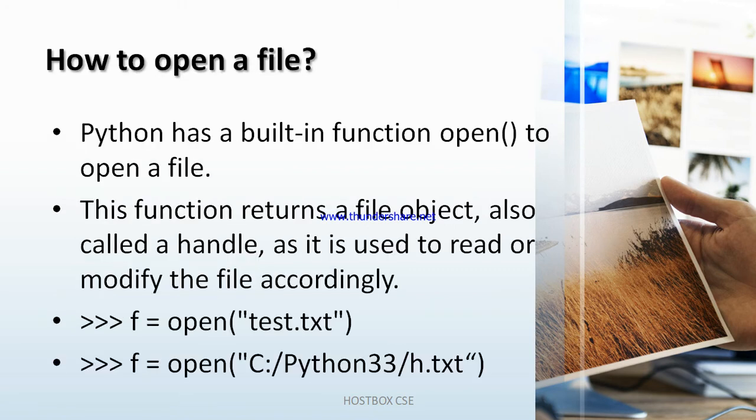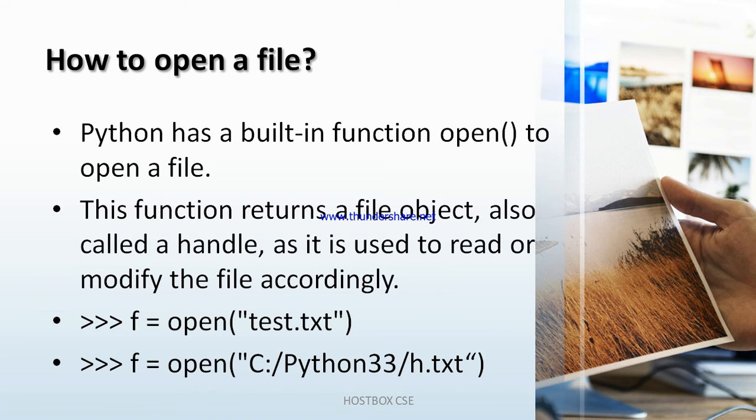Now the question is how to open a file. For this we need a built-in function called open. This function returns a file object, also called a handle, which is used to read or modify the file accordingly. In this video lecture I am giving two pieces of information about opening a file. This is the simple one; afterwards we'll see the detailed one.